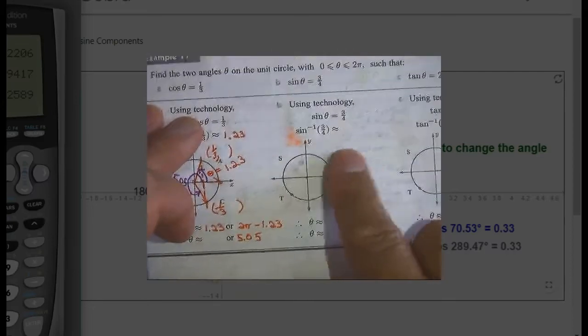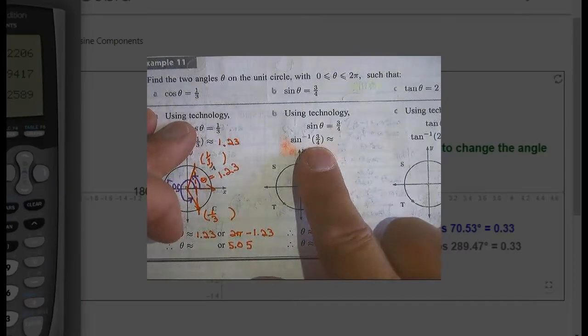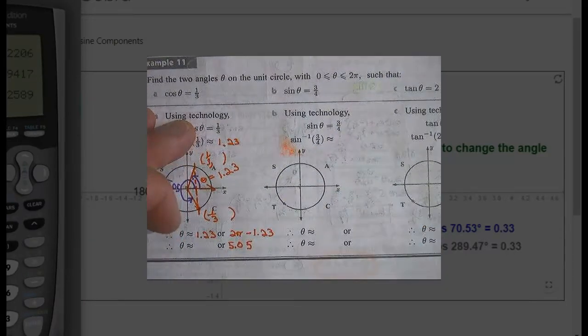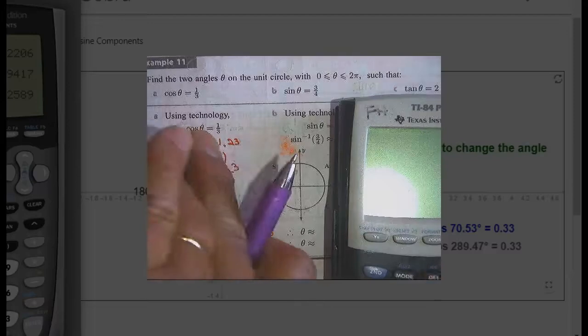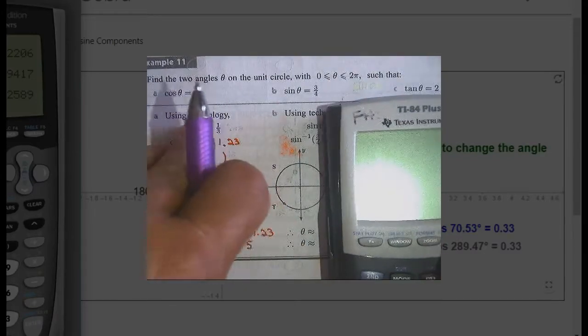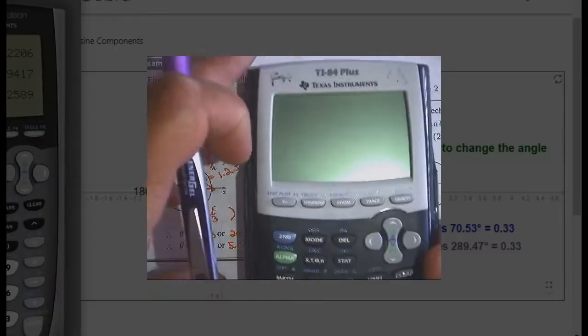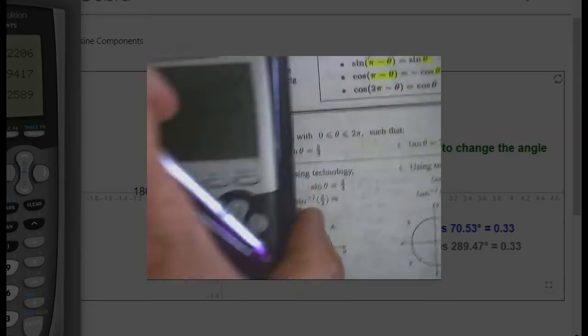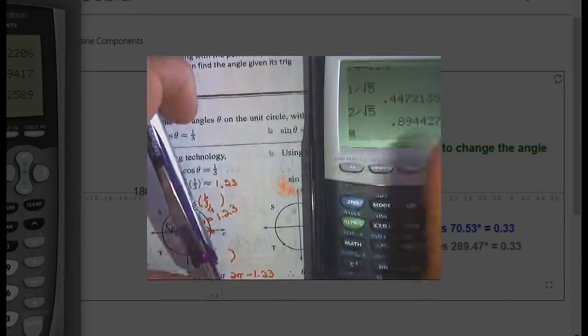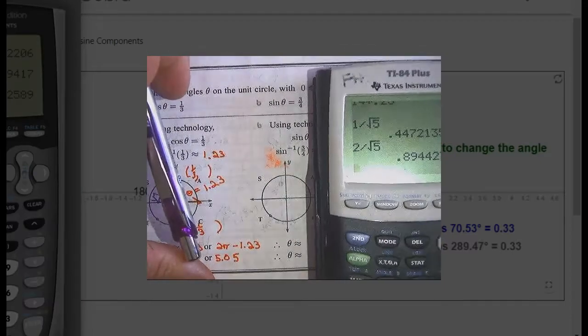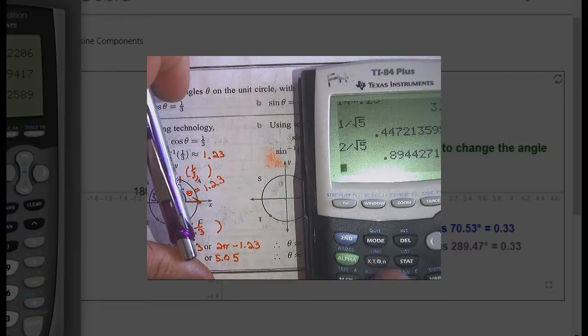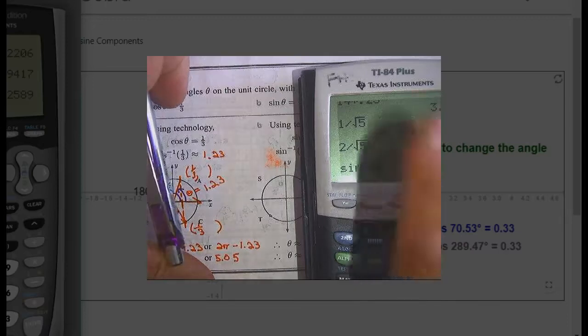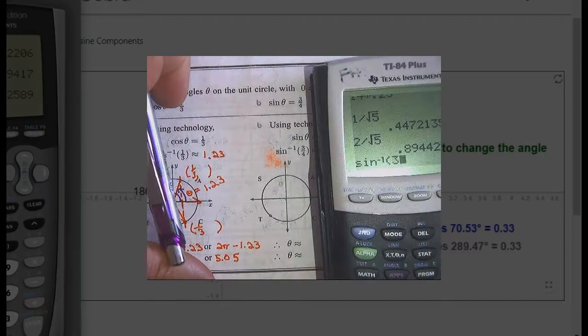All right, so let's do it now with sine. Using technology, we'll use the arcsine key. Second arcsine, and then 3/4.